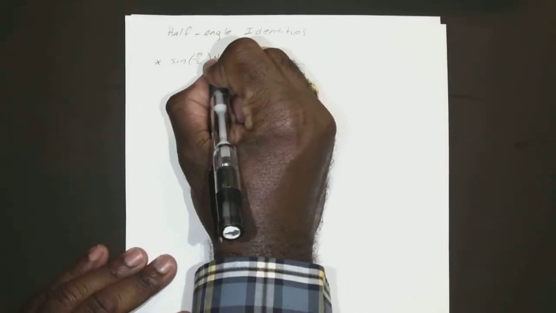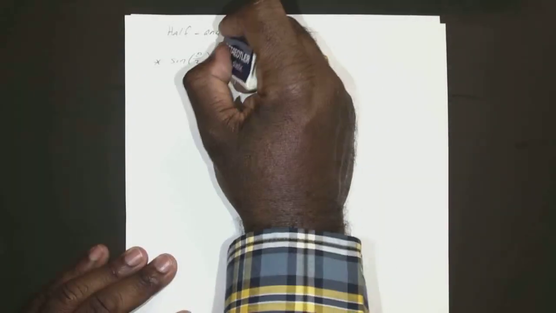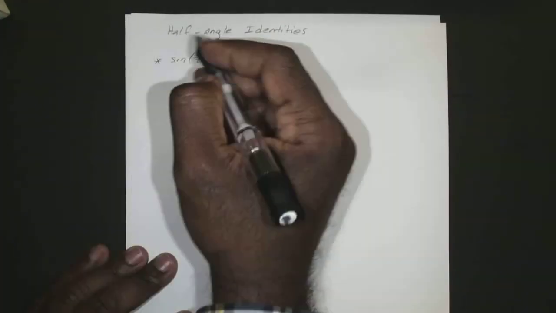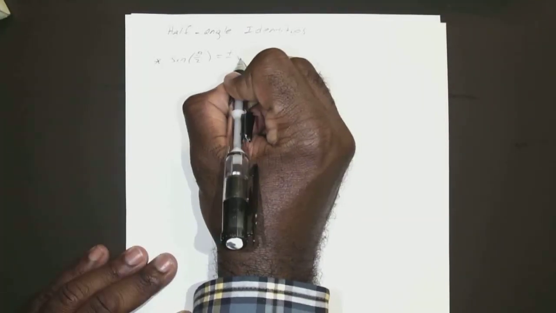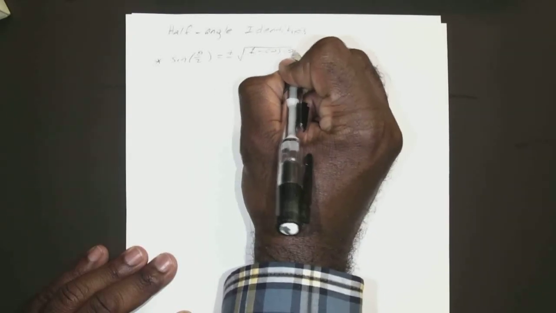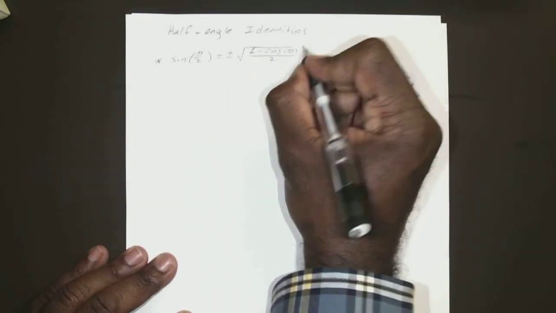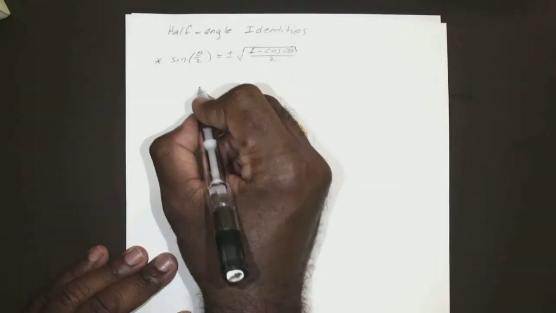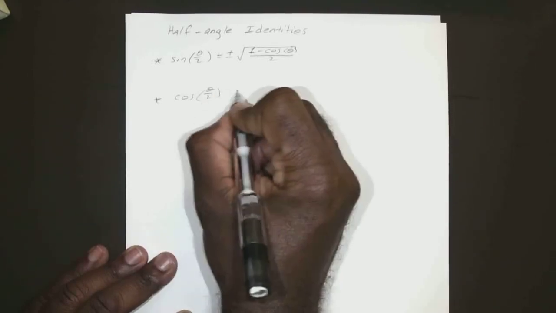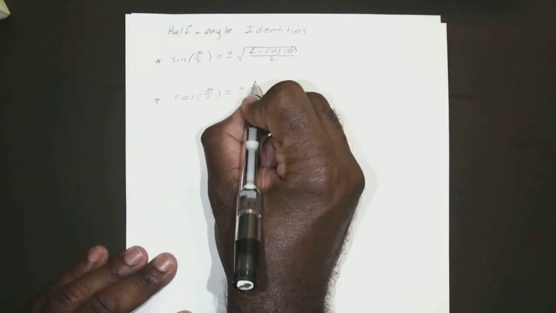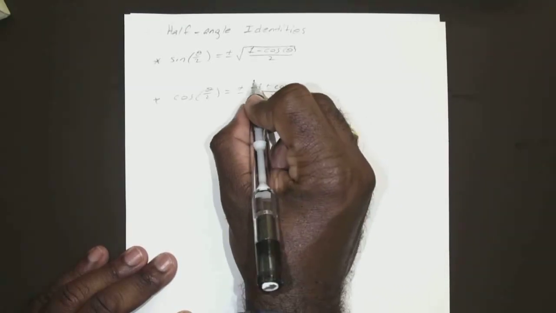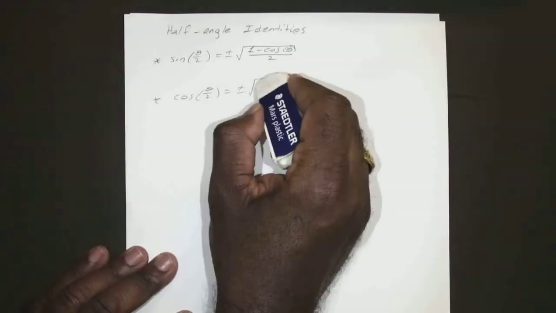Sine of theta over 2 equals plus or minus the square root of 1 minus cosine of theta divided by 2. Cosine of theta over 2 equals plus or minus the square root of 1 plus cosine of theta divided by 2.